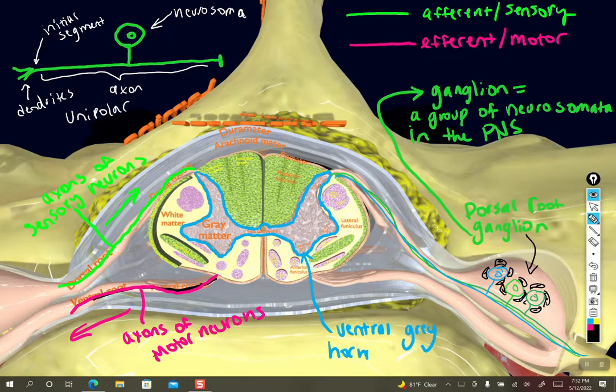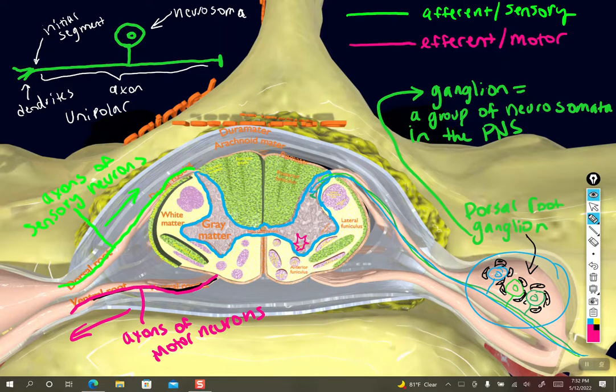So these neurons and axons are going to come into the posterior gray horn, which is why it touches the edge. And depending on what kind of information it's delivering, it will synapse on some cell bodies in those horns that I will map out in a little bit. But because the cell bodies are out here and not in here, there's a dorsal root ganglion. Now, for motor stuff, the cell bodies of motor neurons are ensconced firmly in the ventral gray horn.